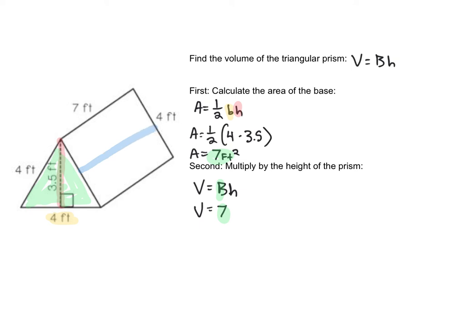And so the height here is actually also 7. Okay, so 7 times 7 means that our total volume is 49 cubic feet. So there is our answer. This triangular prism has a volume of 49 cubic feet.